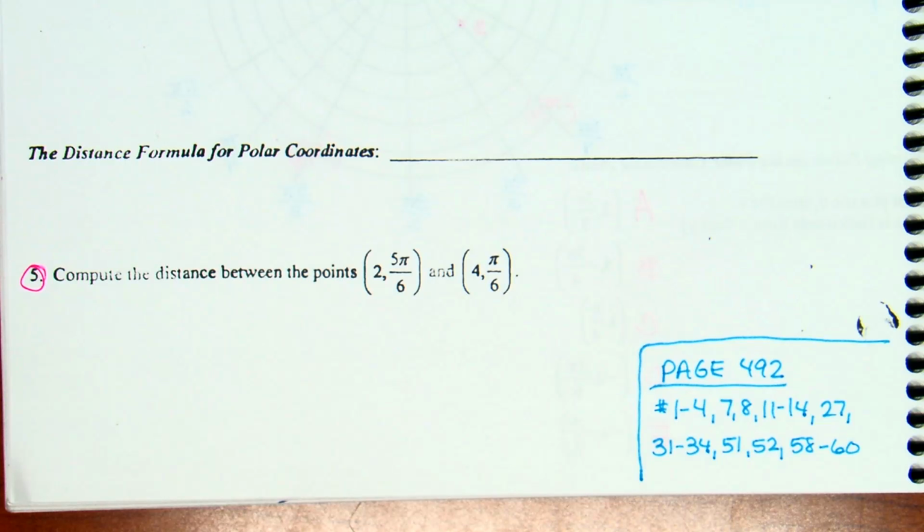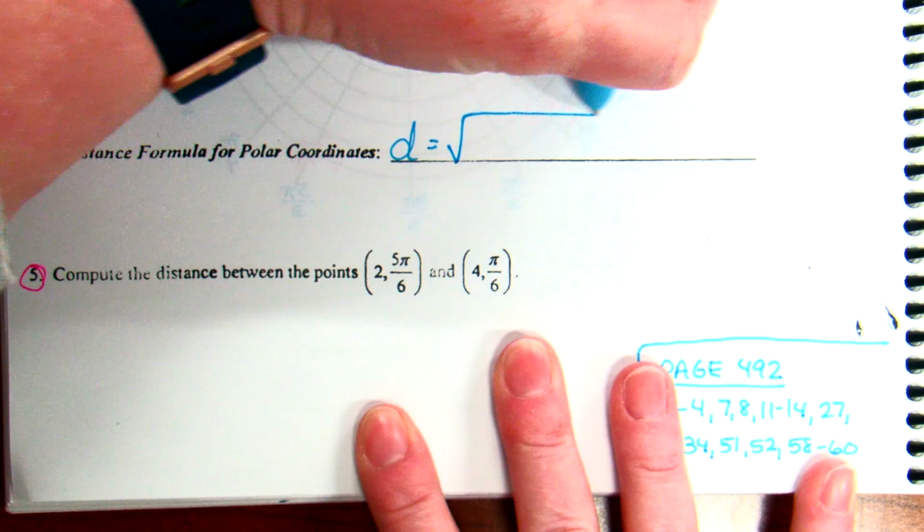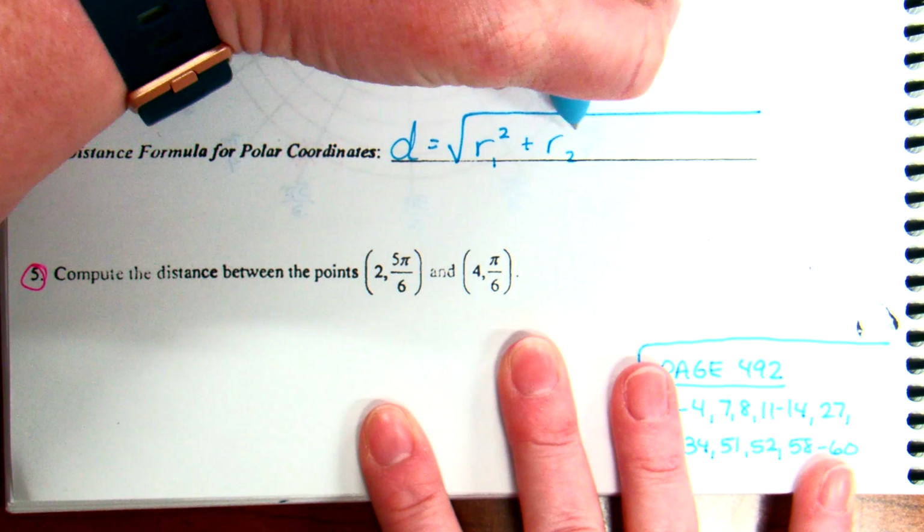I think I started off with it in the very first chapter of pre-calculus, like back in August maybe. So, okay, the distance formula for polar coordinates. Here we go. D equals the square root of R1 squared plus R2 squared minus 2 times R1 times R2 times cosine of theta 1 minus theta 2.